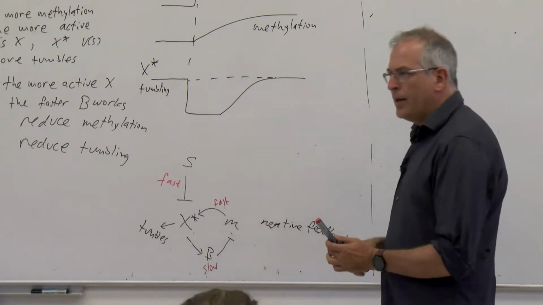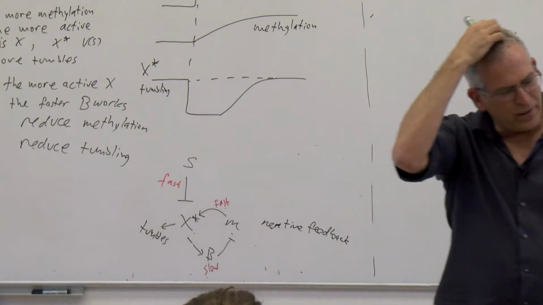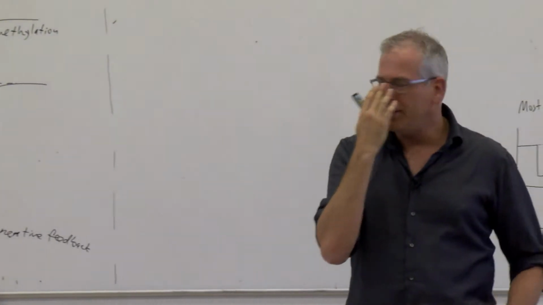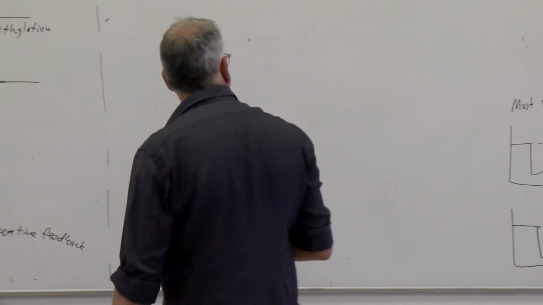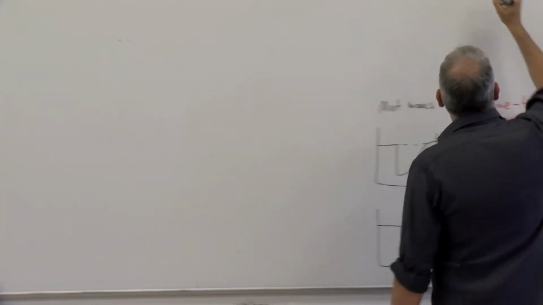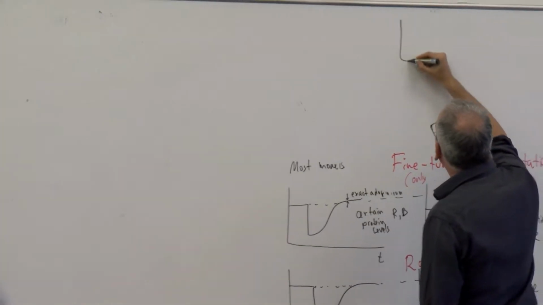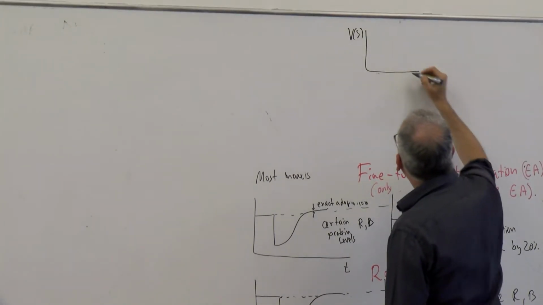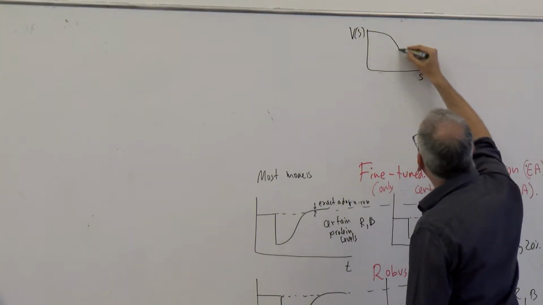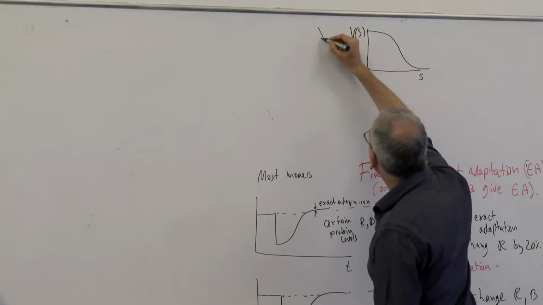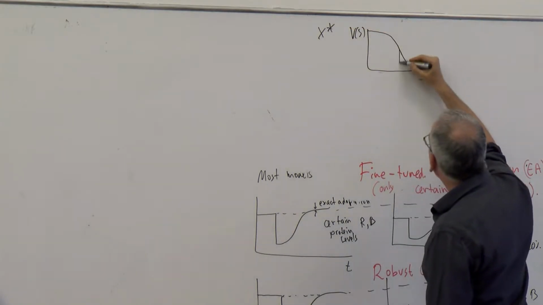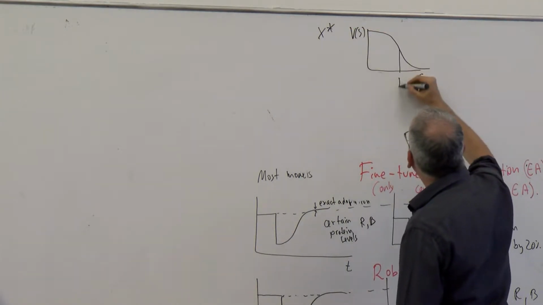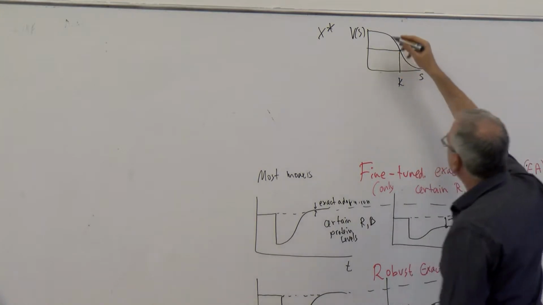And now I still need to explain to you that biochemistry. How does methylation increase activity? So remember I told you that the receptor activity drops with S and has this halfway point K, where it's halfway down. So the more signal, the less activity.